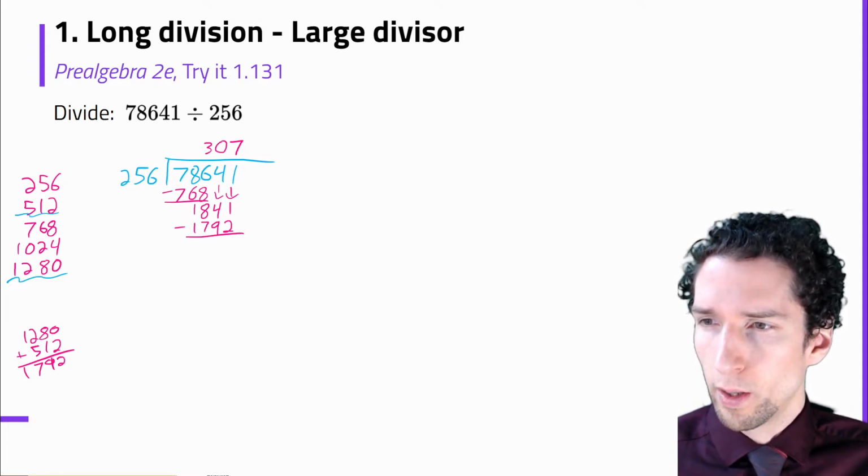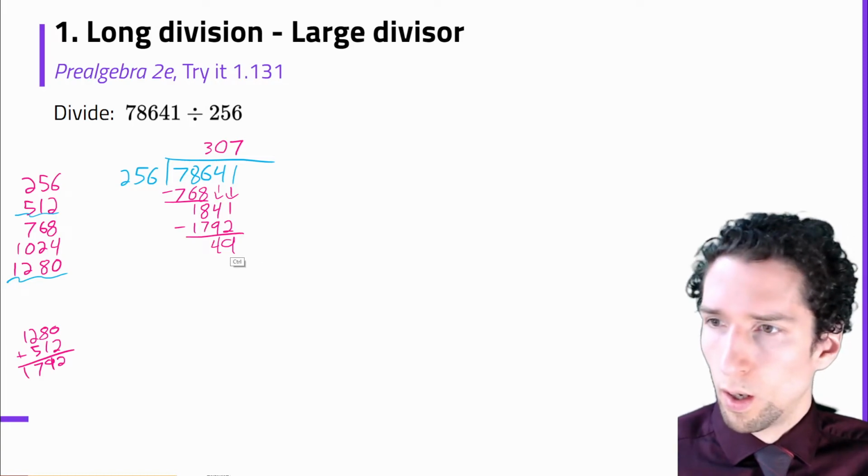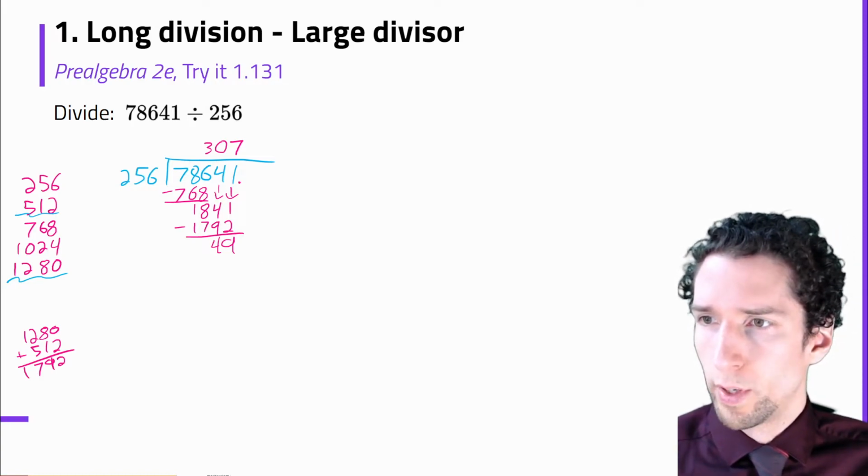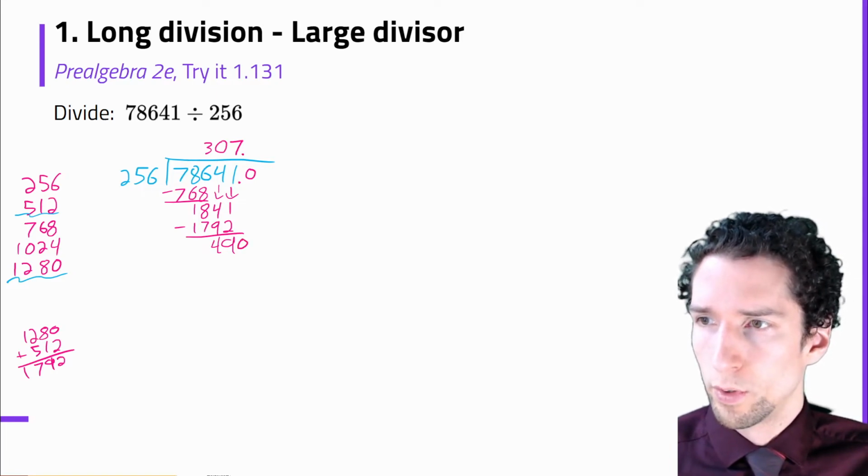And if we subtract those, we are going to get 49. If we add a 2 there, 50, yeah. So 49. And not finished, so let's add a 0 here. Decimal, bring down the 0, 256 into that.